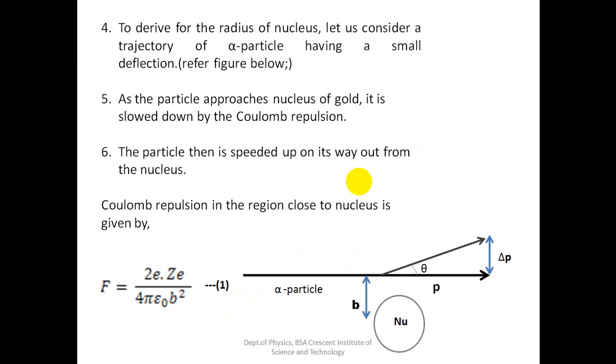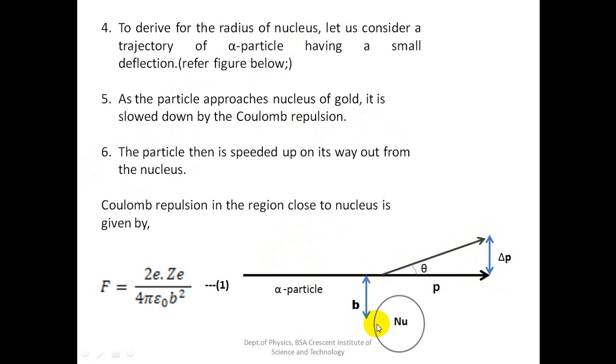And let us consider a particular trajectory of the alpha particle in order to derive the radius of the nucleus. So what we consider here is a trajectory almost straight, and then it gets deflected by a small level. As the particle approaches the nucleus of the gold, you find that it is getting slowed down. Why does it get slowed down?